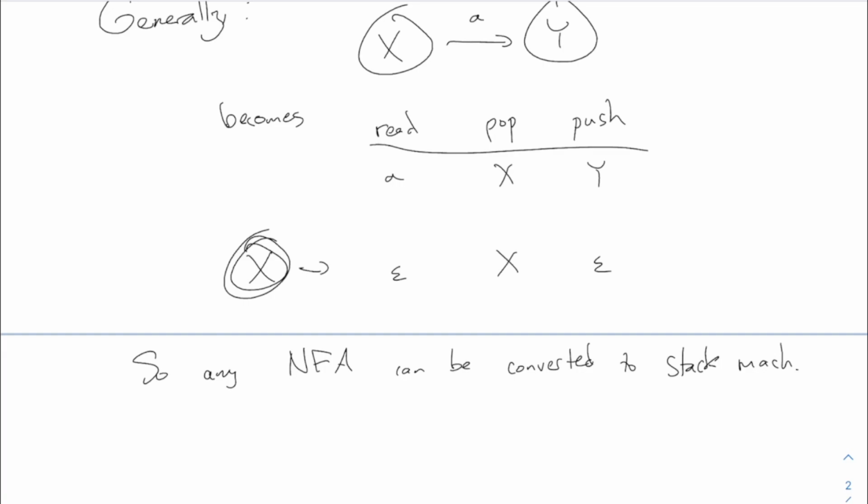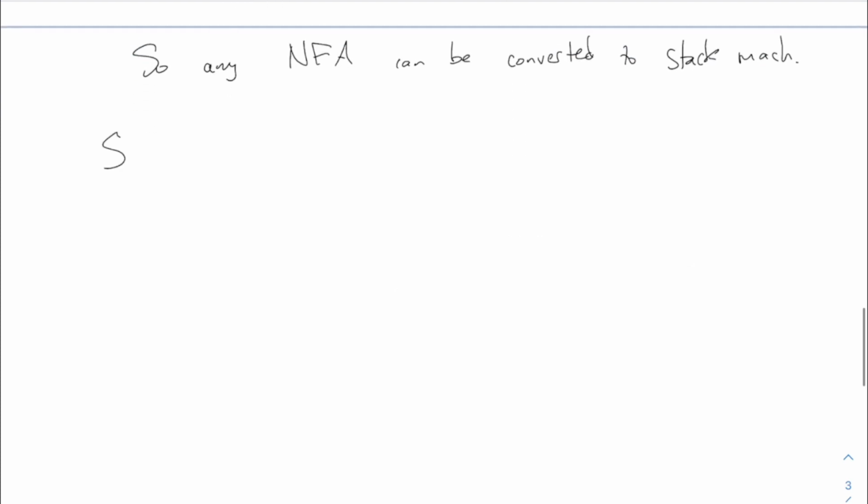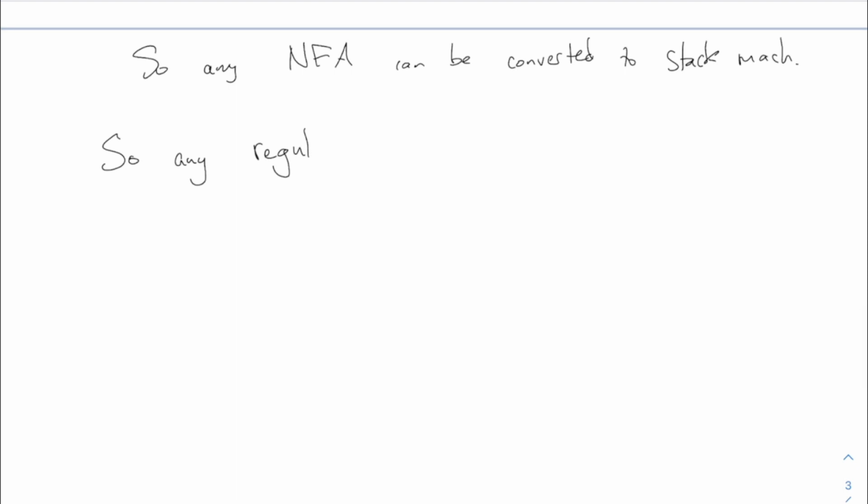If you're thinking about what kinds of languages you can do on a stack machine, it includes every regular language plus some others, right? We've already seen that A to the N, B to the N you can do on a stack machine. So any regular language, that is to say the languages of the NFAs, can be computed by a stack machine.